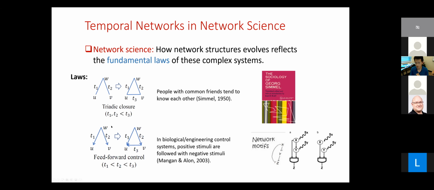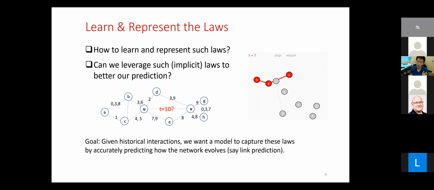So later W will also stimulate another element V, and V will somehow prohibit the generation of U a little bit. In this way, we can guarantee this dynamic system to be stable in some sense. Because of that, this feed-forward control loop appears quite often in biological and engineering control systems. These are very simple laws, and we may expect more complicated ones.